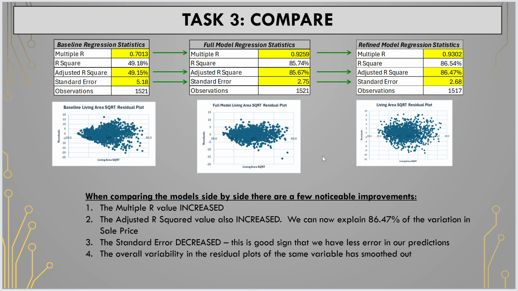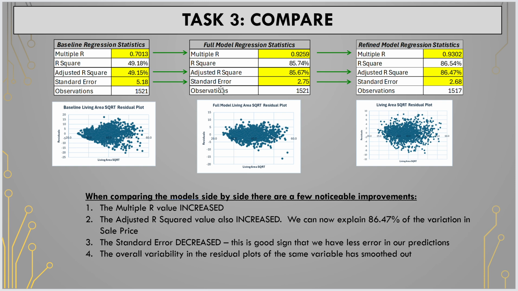And then even moving on to the refined model, where we've only removed those 4 observations that were below negative 10 and above positive 10, right here in this residual plot, we see even a little bit more lift. So almost a 1% increase in the amount of variation that we can explain. So not significant, but we do see that improvement, and primarily we're making sure that we don't violate that equal variance assumption.